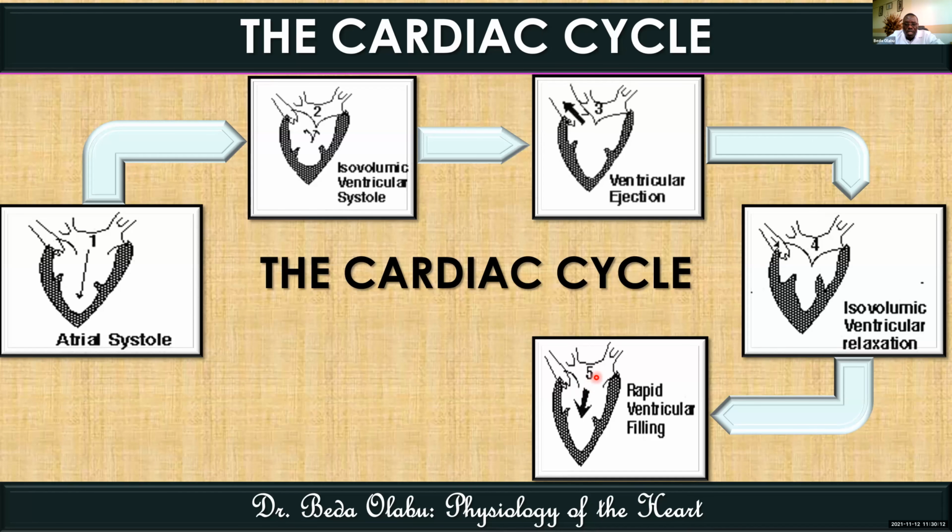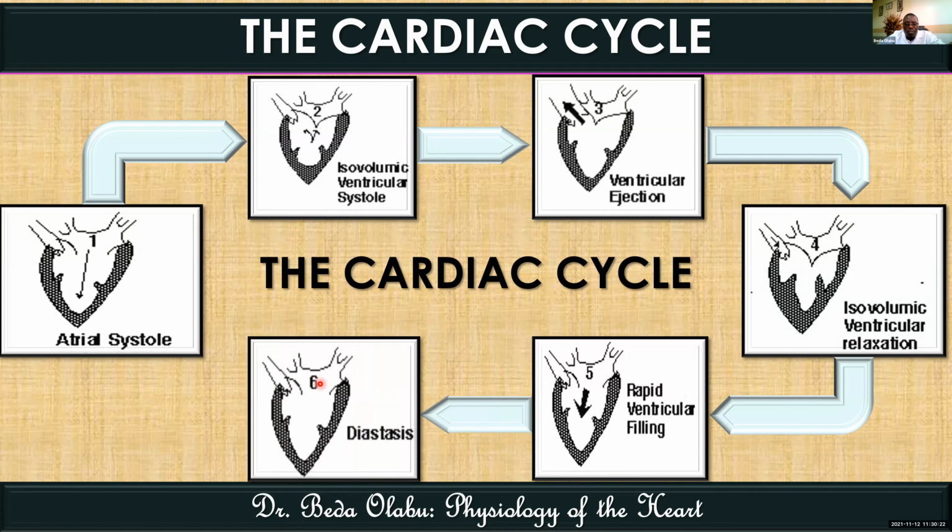The end point is when the pressure in the two chambers has equalized. When the pressures equalize, we go to what we call late diastole. All the chambers are in relaxation. There is minimal movement of blood. That will be followed with the atria beginning to contract again in a new phase, during which we hear S4. All right, so those are the phases of the cardiac cycle.